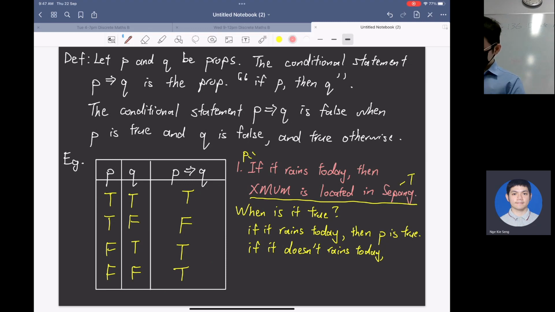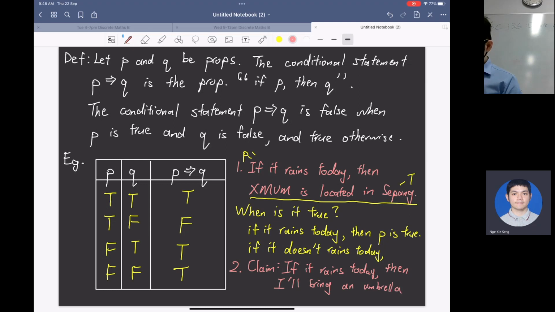Again, next. I claim if it rains today, then I will bring an umbrella. So question: when is this true?